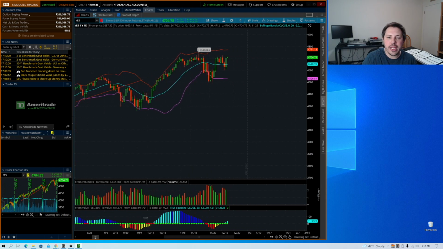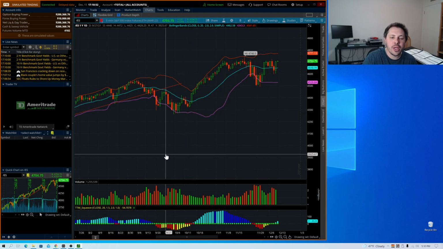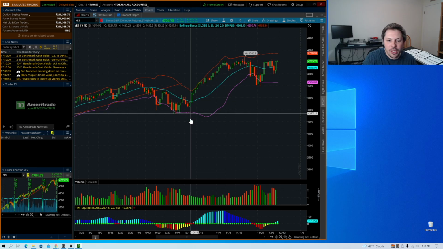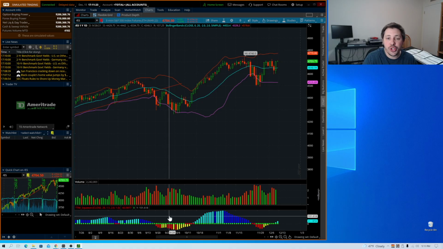So if we come down here again, looking at this reverse head and shoulders pattern, and then we look down here at this squeeze, we can see that when these bands started to contract here, we got this indicator down here, this TTM squeeze, these little red dots start to form. And that basically is saying, hey, volatility is about to change. The market is potentially going to release energy and a new trend is going to potentially start, right?